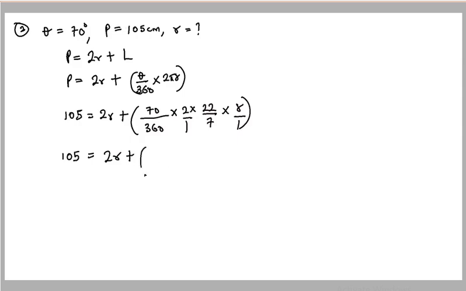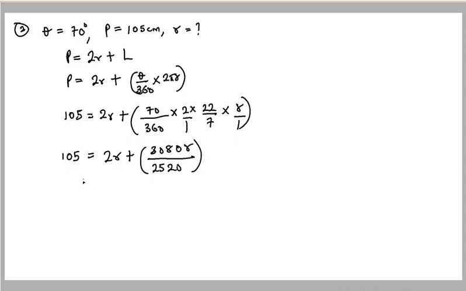Now multiply the numerator values: 70 times 2 times 22 is 3080. And 3080 times r gives us 3080r, all over 360 times 1 times 7 times 1, which is 2520.